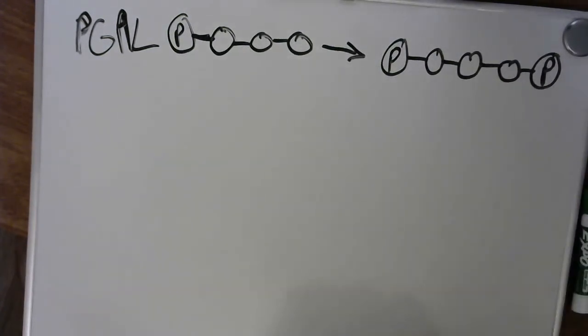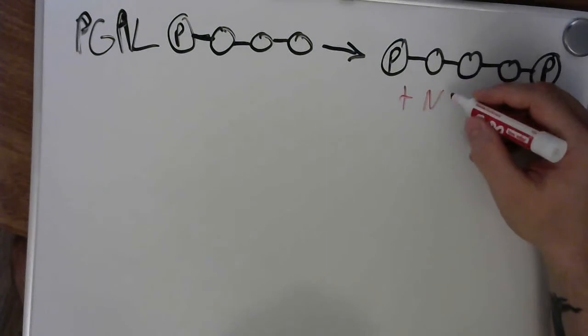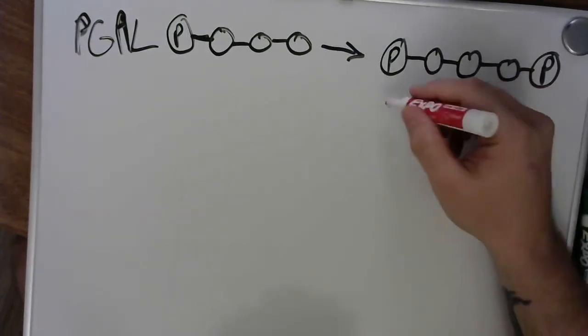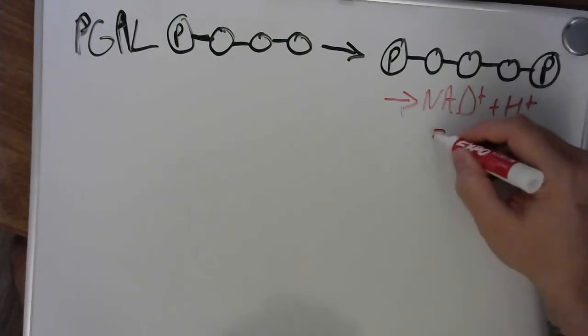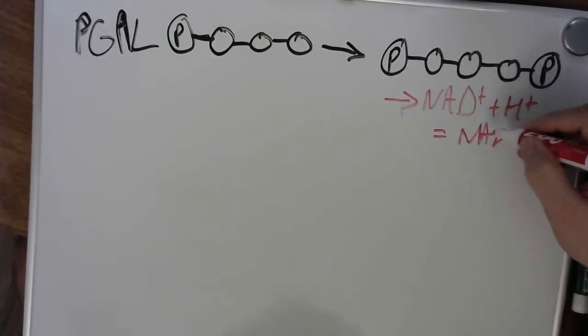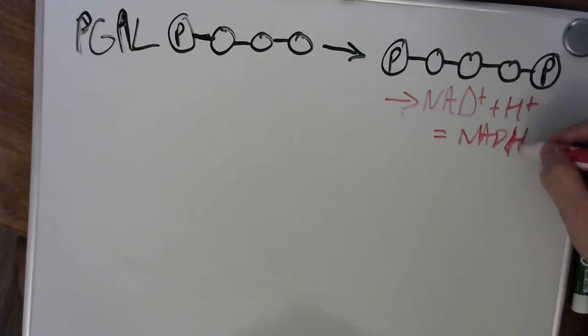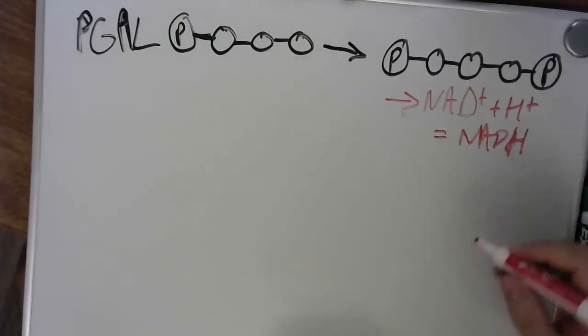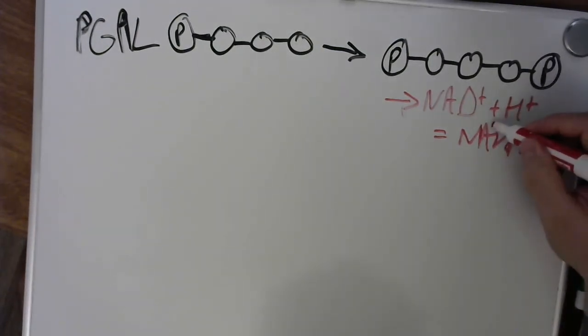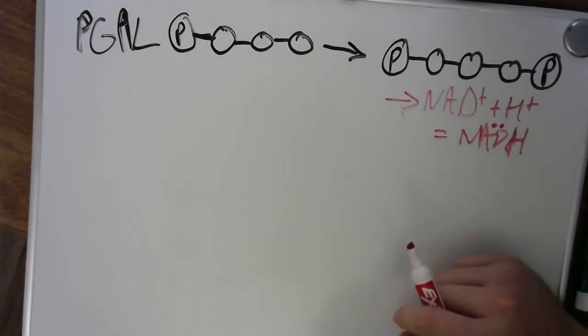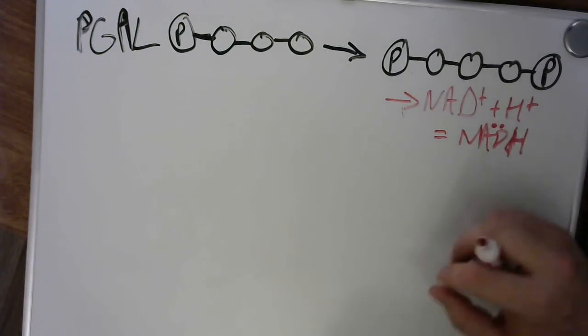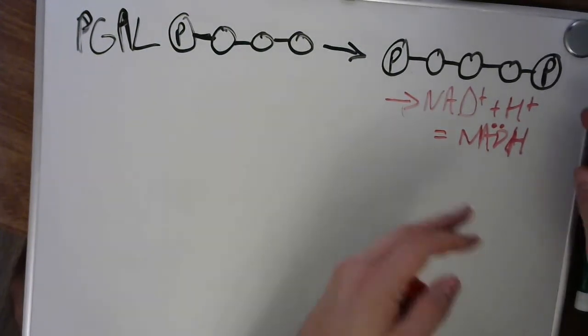So in the same process, at the same time, you take NAD plus H plus, and you get NADH. And we also have in the process electrons that are attached to that NADH. So it's usually symbolized with those two dots on top of a molecule name. So that's how the first step works.